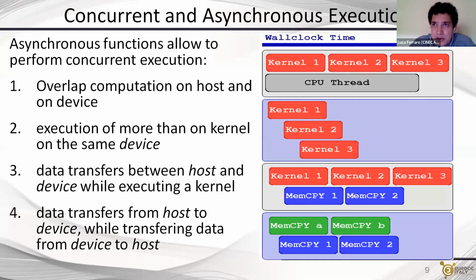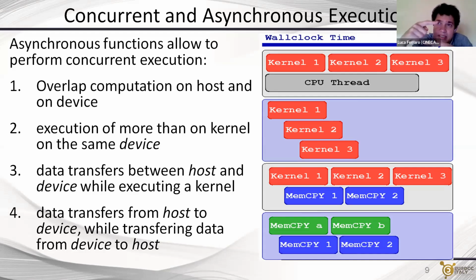Why are asynchronous operations so important? Because using asynchronous functions allows us to perform concurrent execution of many operations on our node. For example, one concurrent execution is running kernels, so computation on the device, while using computation on the CPU side, the host side.